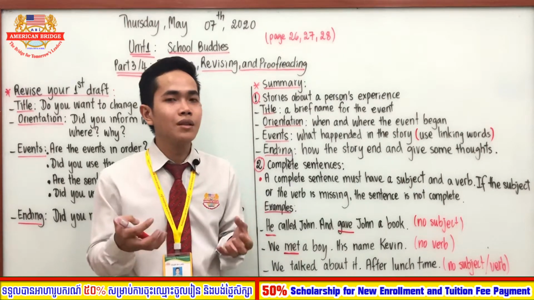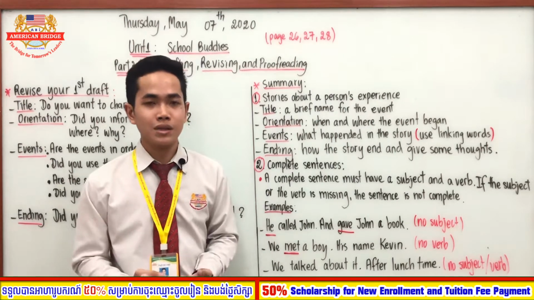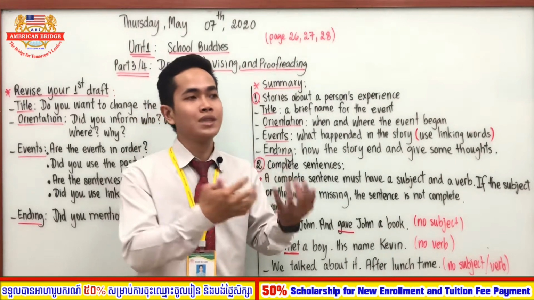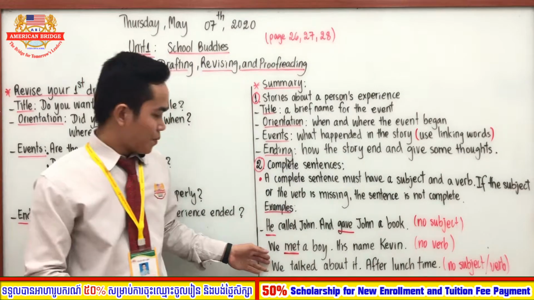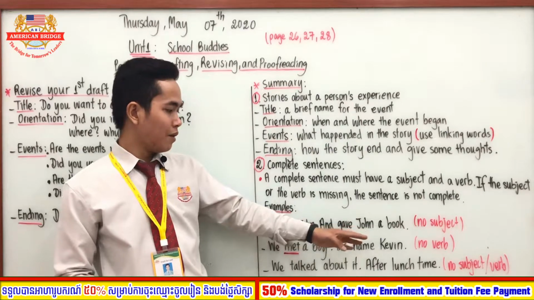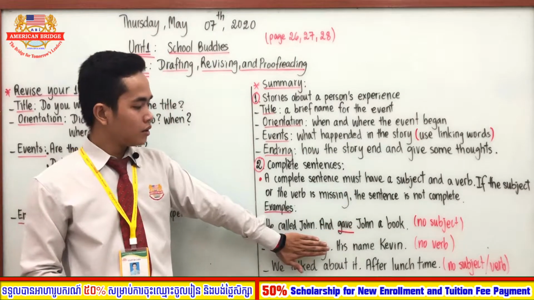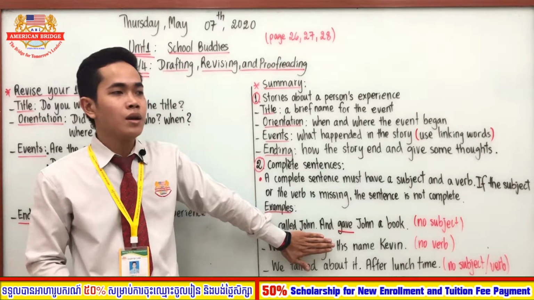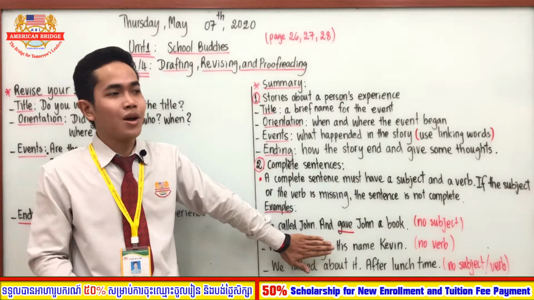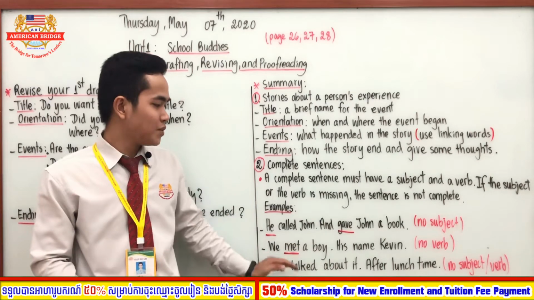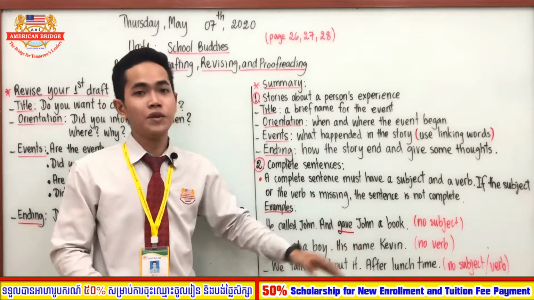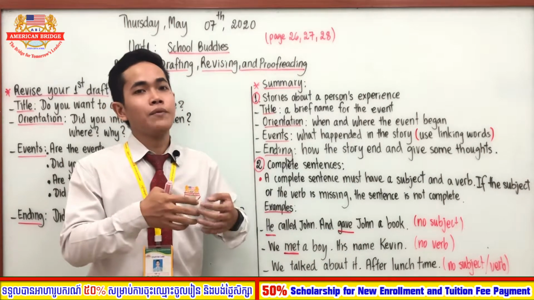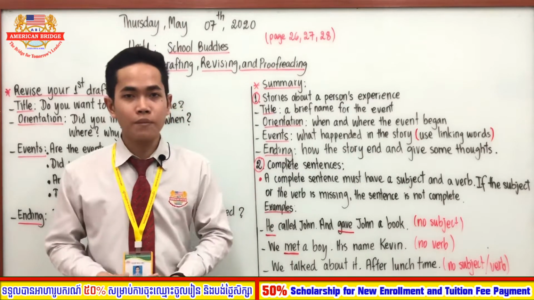But we still understand what the sentence is, right? We met a boy. His name Kevin. If you do not write the first sentence, you may not understand what the story talks about, right? So that's why we have to make it two sentences, if you want to use another sentence without a subject or verb.